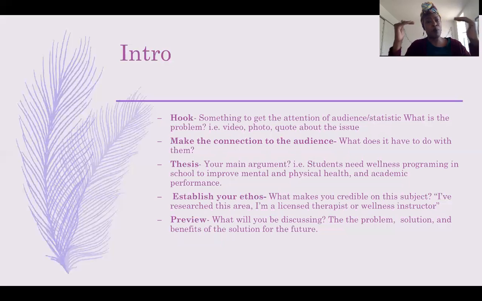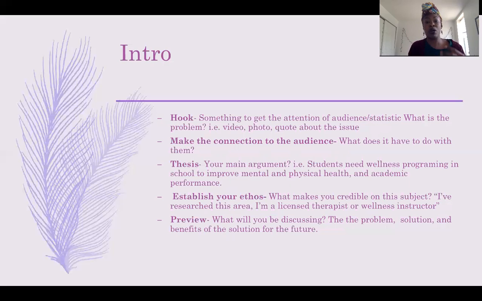Okay, so we're going to break it down bit by bit, and we're going to start with the introduction. With the intro, you want a hook. This is something to get the attention of your audience, an attention grabber. In writing or literature, they might call it an attention grabber. And so you're emphasizing the problem here.